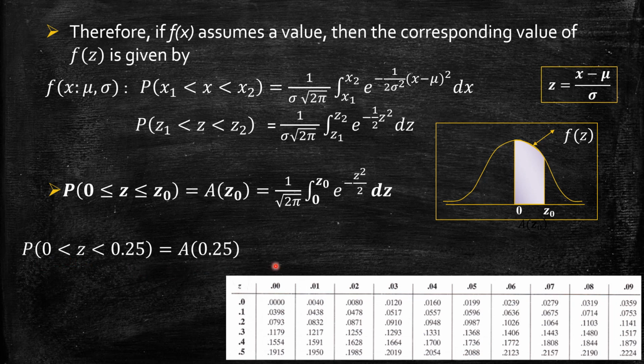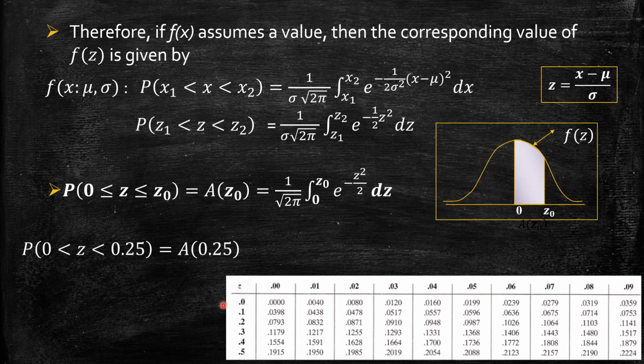That means integrating the normal PDF between 0 and 0.25, the area under the curve from 0 to 0.25. The shaded area covers from point 0 to 0.25.